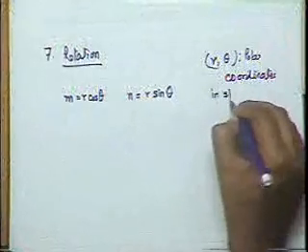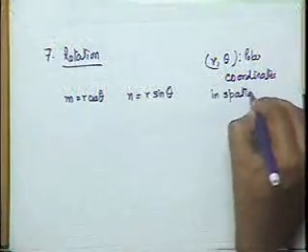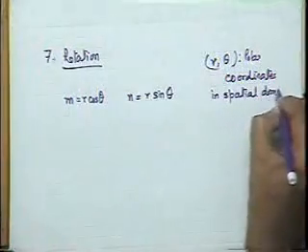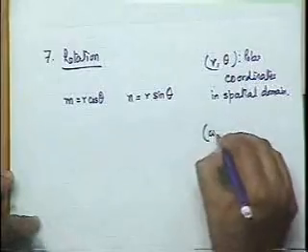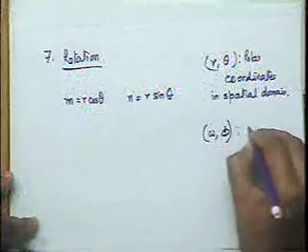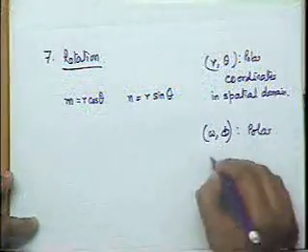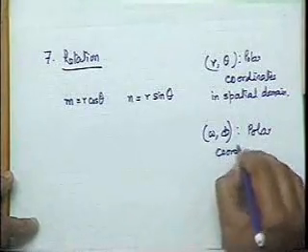Okay. And very similarly, we say omega phi as the polar coordinates in frequency domain.